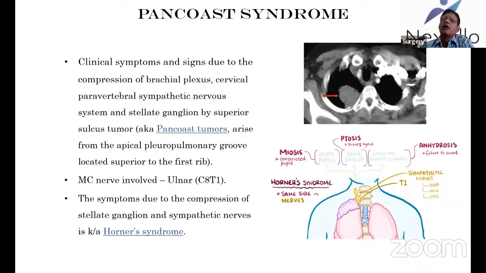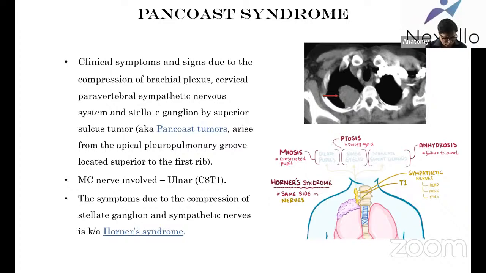The compression of the structures coming out through the thoracic outlet gives rise to thoracic outlet syndrome, which can be either scalenus anticus or costoclavicular or the hyperabduction syndrome.